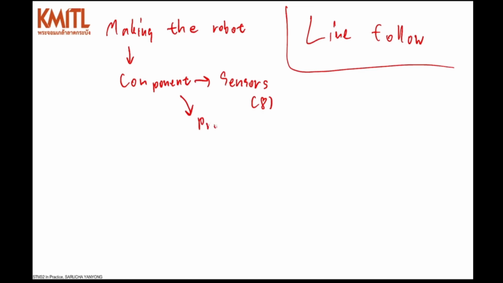Because the number of sensors is around 8, we select the STM32 to be the processor. We can measure the light from the sensor, we can process it in the processor, and the last one, we have to control.